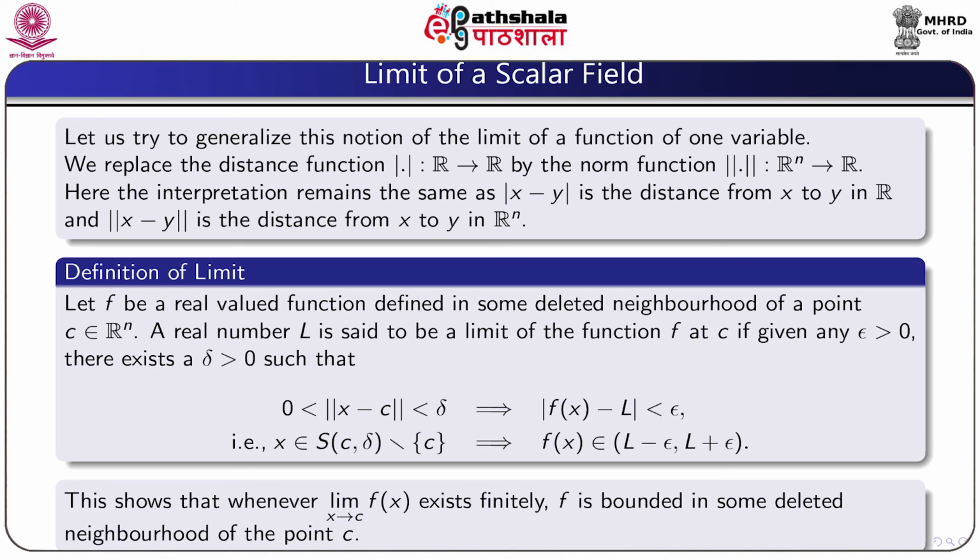The last line gives us something more. It shows whenever limit of f(x) as x approaches c exists finitely, f is bounded in some deleted neighborhood of the point c.